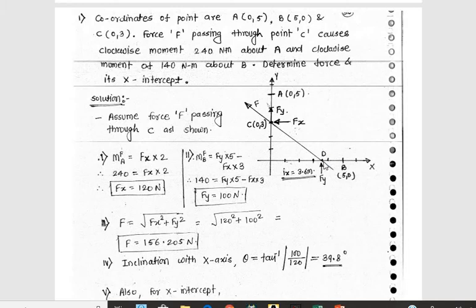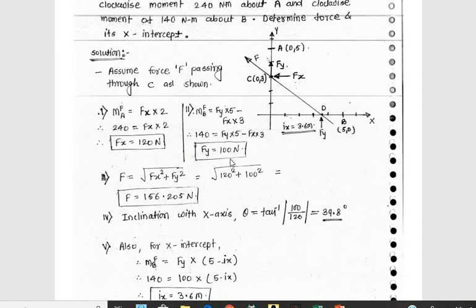About B, moment of force about B is Fy into 5 minus Fx into 3. Force passing through C. Okay, so Fy is creating an anti-clockwise moment and this is 5 distance, and Fx is anti-clockwise and it's 3 distance. Okay, so Fx, Fy is known.